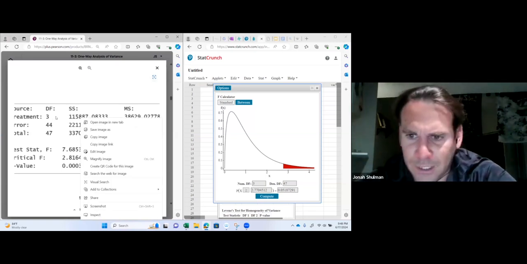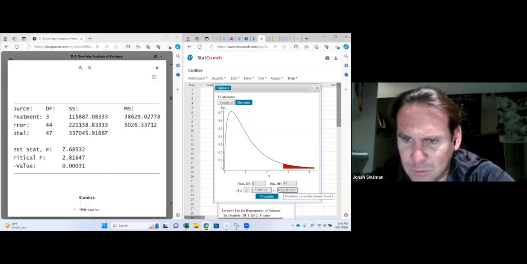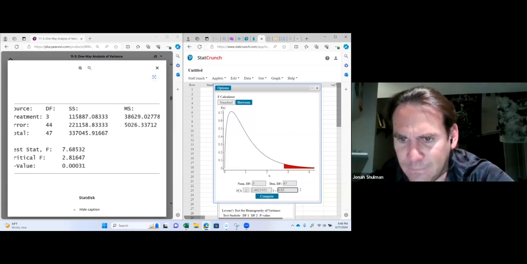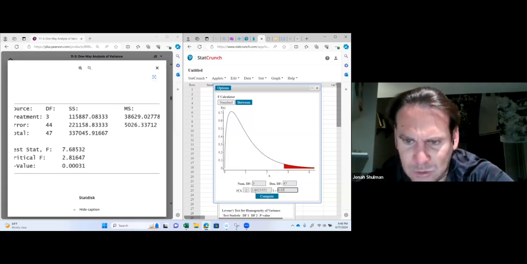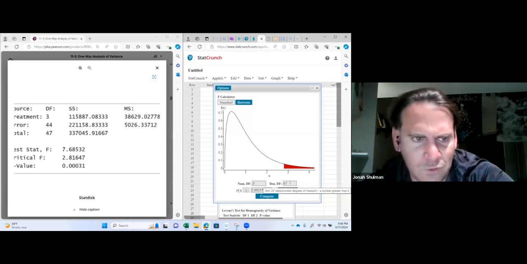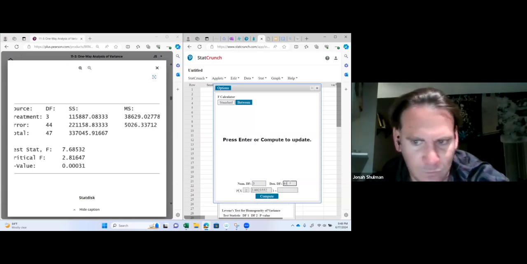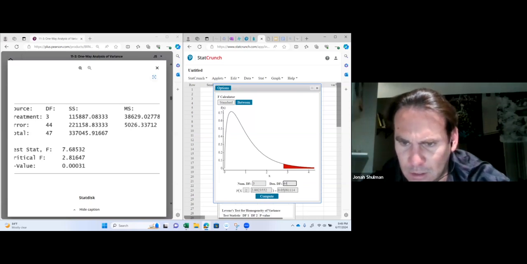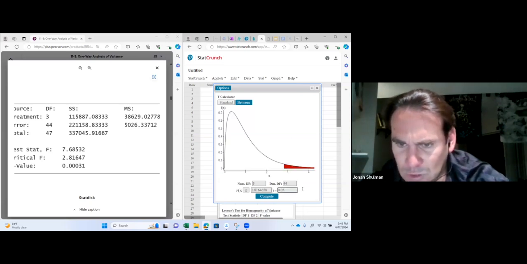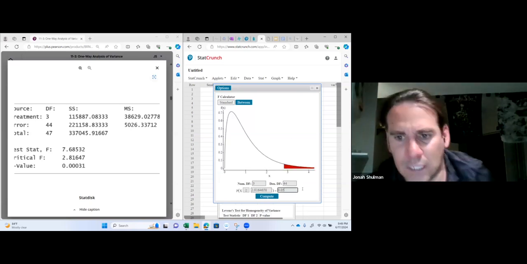Cool. So 3, and let's put this 0.05. And we're 2.80. We're still off. Our total should be 48 minus 1, so it should be this. So I can pretend it's 44 for the error. See if that gives us the right answer. I'm just curious. Okay, so that's how they get it.